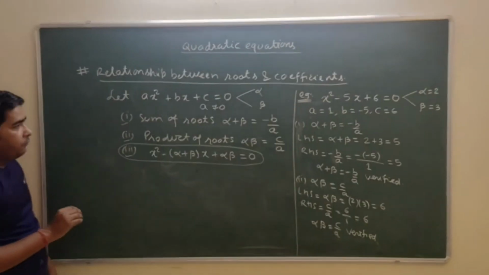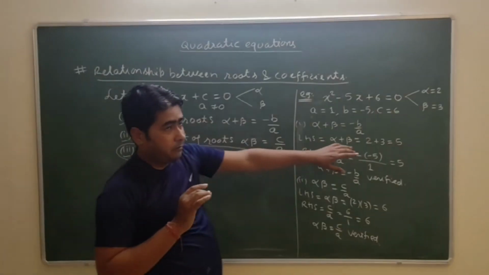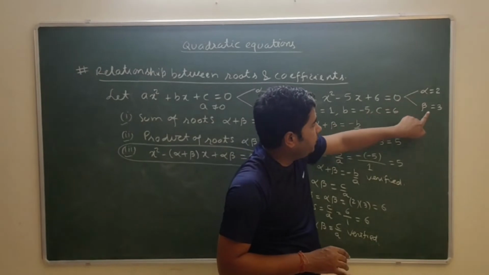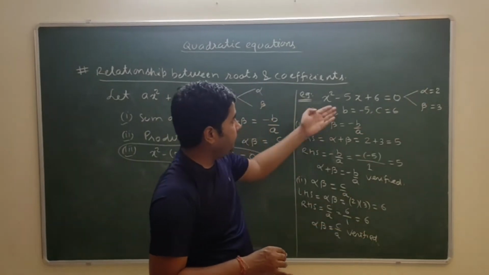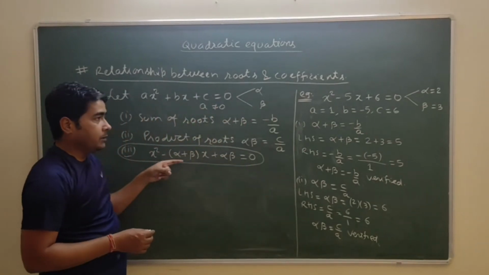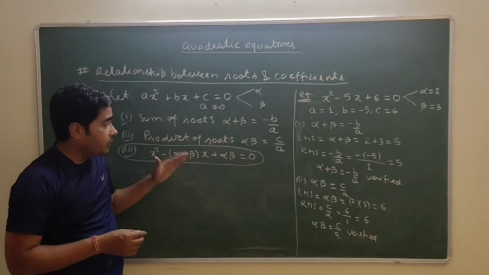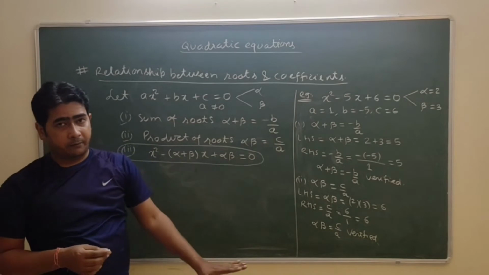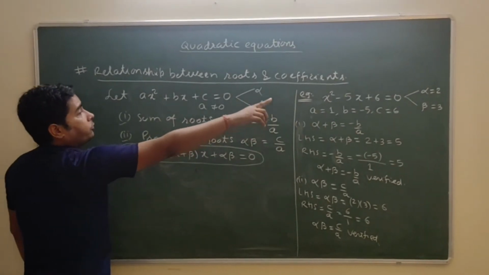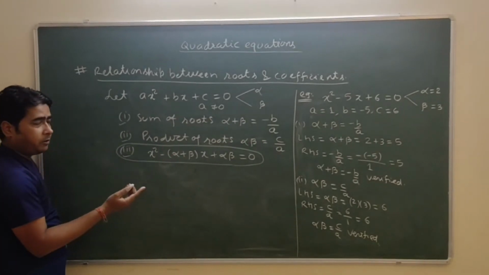Let's verify the third part. Now we have alpha and beta, and we assume that we don't know the equation. By using these two roots, can we find this equation? That is the question. This formula will help us in finding the quadratic equation for which the roots are given. To get this equation, we are going to use alpha and beta in this particular formula.